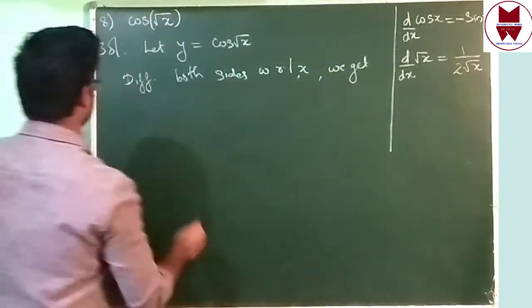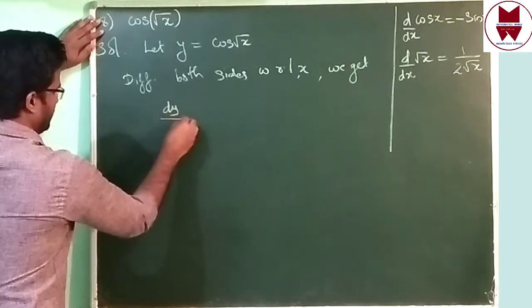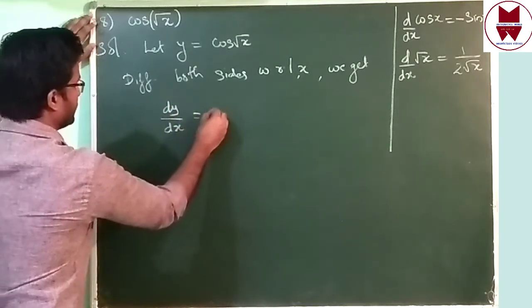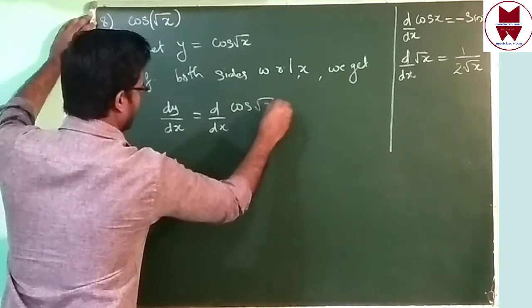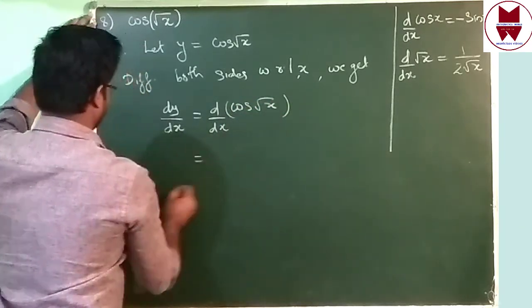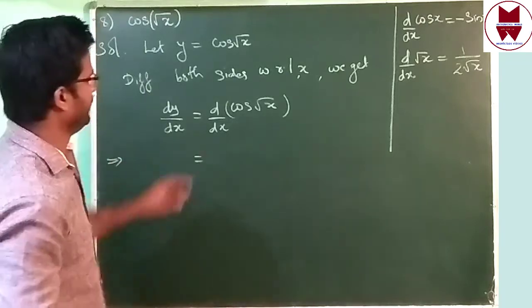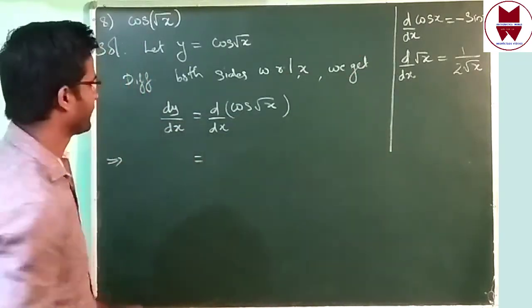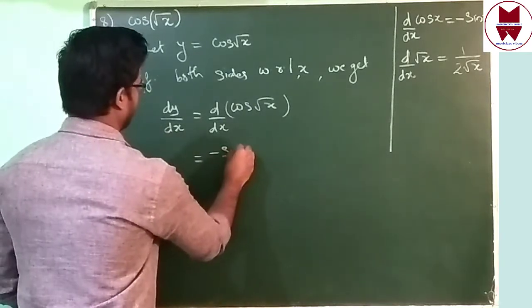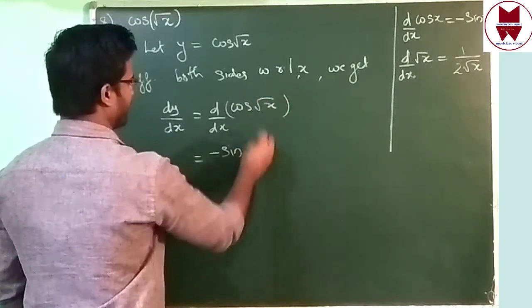We get dy by dx equal to d by dx of cos root x. Then d by dx of cos, what is it? Minus sin x. You can write minus sin, and here x means root x.